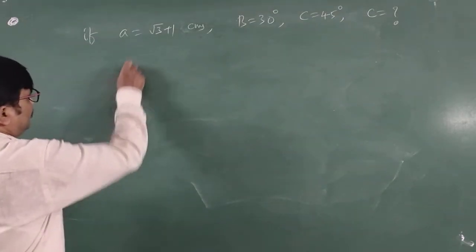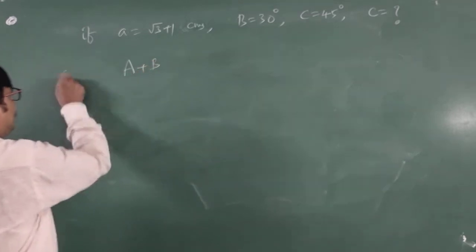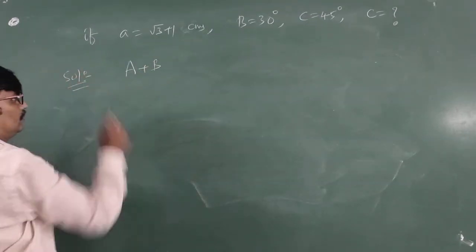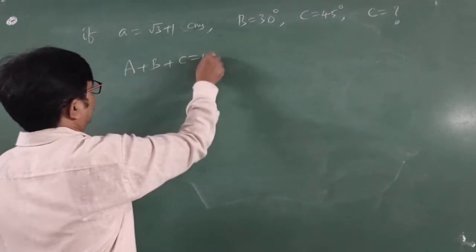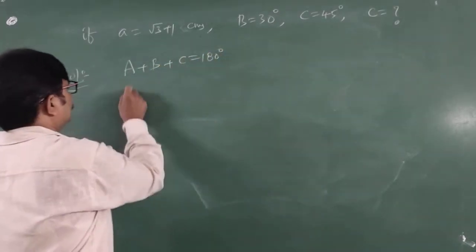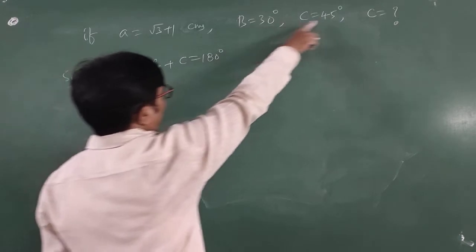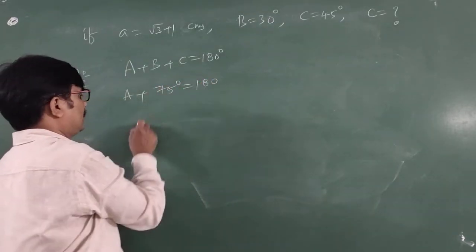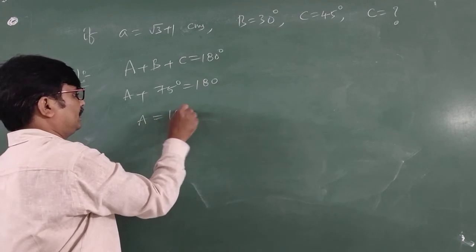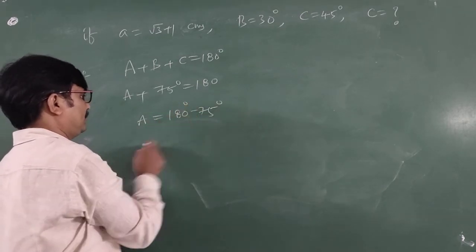We have to know that the sum of the angles in a triangle, A plus B plus C, is 180 degrees. So B plus C, 30 plus 45, is 75. Angle A equals 180 minus 75.